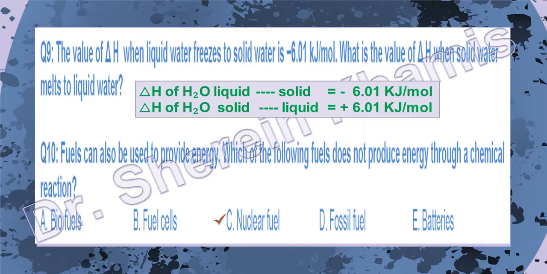So it depends on the kind of element that we use. It is a kind of fuel that is not produced by a chemical reaction. It is present inside the nucleus of some kinds of elements, so we call it nuclear fuel. It depends on the mass and the kind of metals or elements that we use.